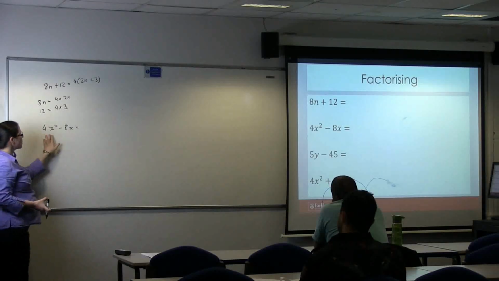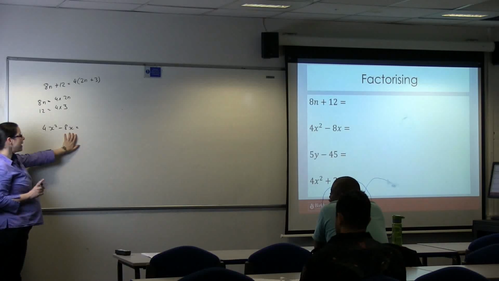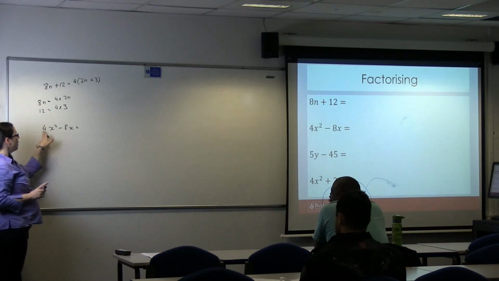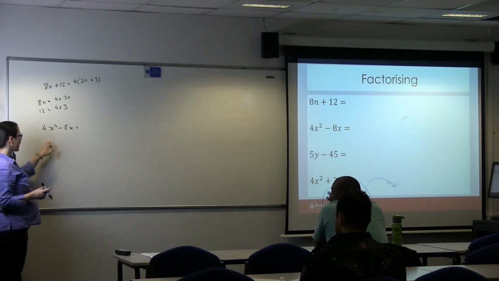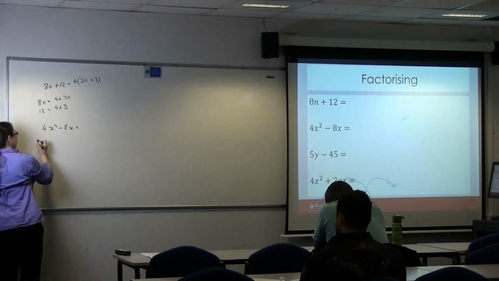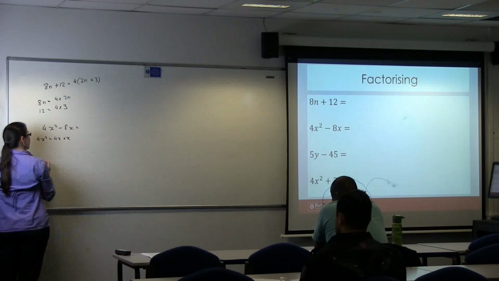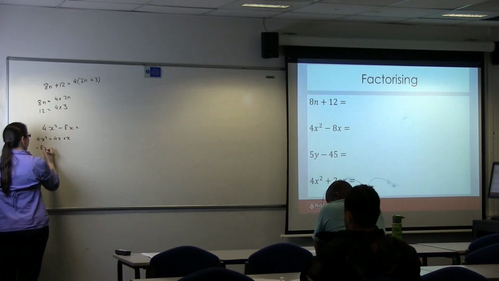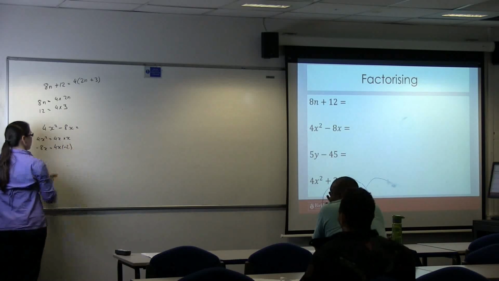Now if I look at 4x squared minus 8x, what I see in here is that 4 and 8 are both in the 4 times table, but also I know that x squared is x times x. So the 4x squared, I can break up into 4x times x, and the minus 8x I can break up as 4x times minus 2.